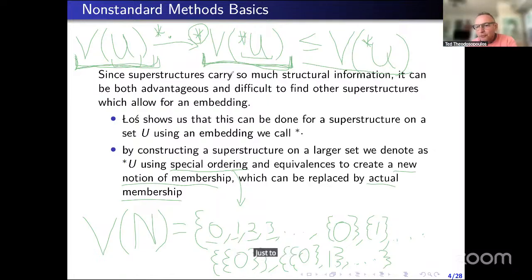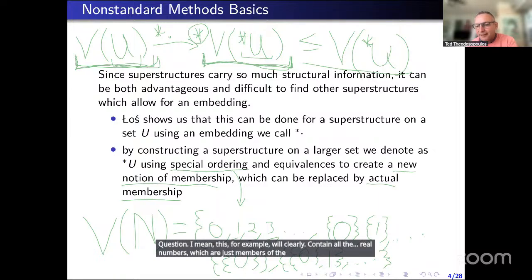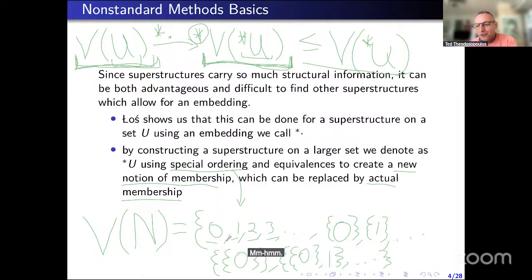Just to be extra clear, building on your answer to Yorgos's question, this will clearly contain all the real numbers, which are just members of the power set of N, essentially. Also a lot more objects that are multi-type, like you were just saying at the end.